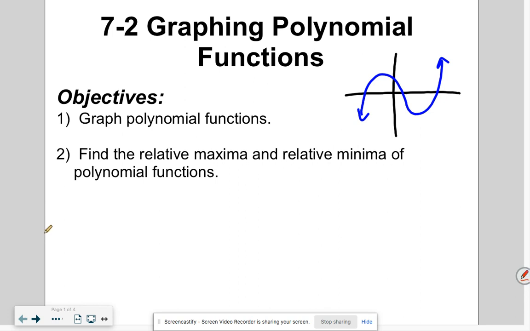And this point here, we'll call it point A, and this point down here, we'll call that point B. One of them, so that would be point A, is a relative maxima. And point B is what we call a relative minima. All right? And so these are points on a graph.